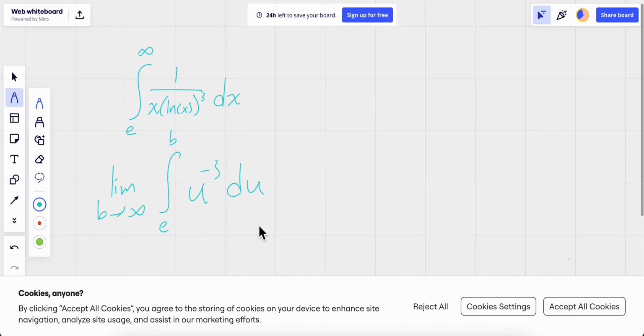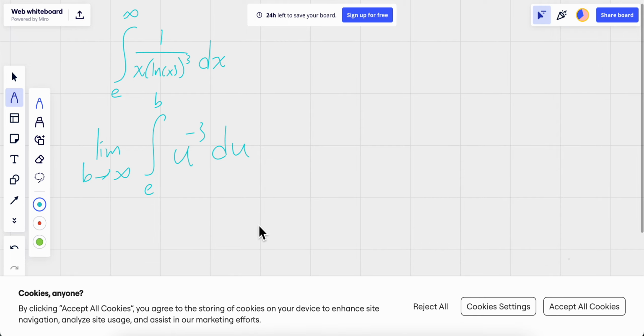Okay, so we can just do the reverse power rule. This will be the limit as b approaches infinity of negative u to the negative 2 over 2.